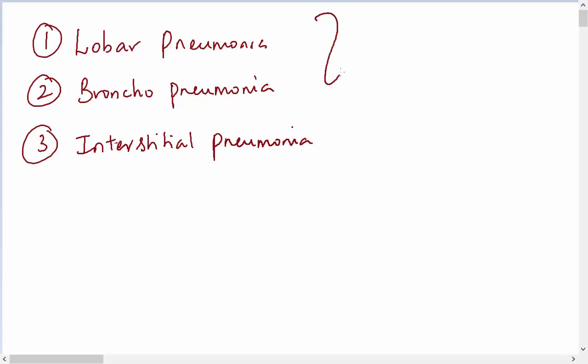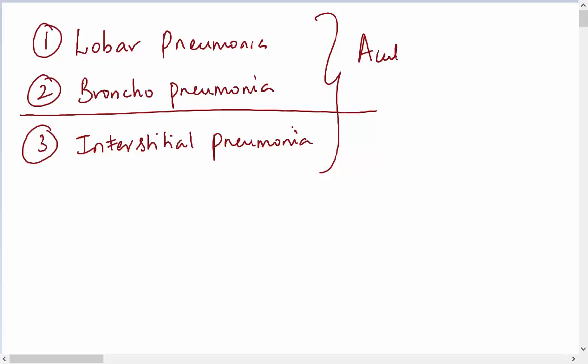Okay, these pneumonias all come under acute bacterial infection. Okay, especially these two pneumonias come under acute bacterial infection.